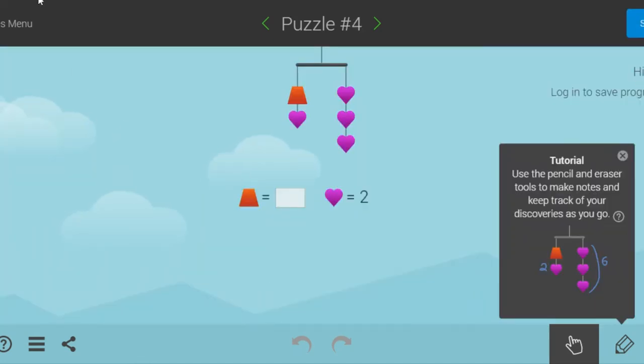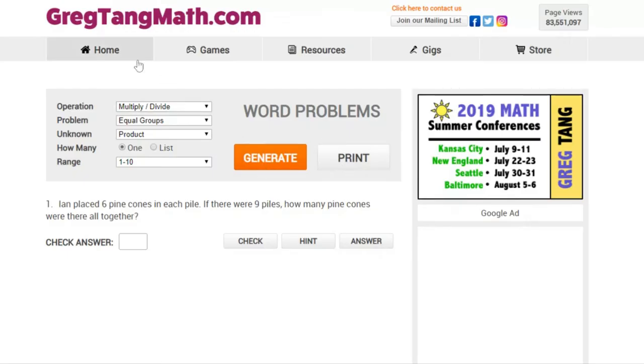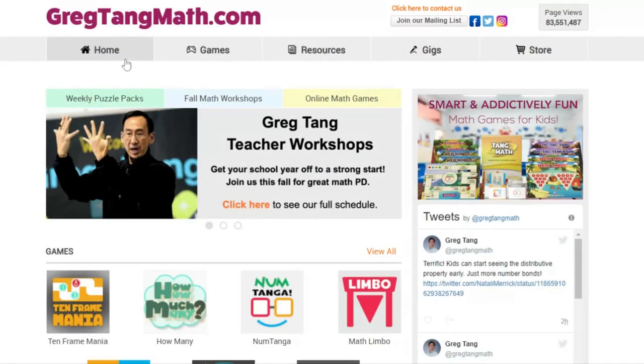So, real quick review. We went over Solve Me mobiles, Between Two Numbers, GregTangMath.com has lots of resources that can be used in the classroom.